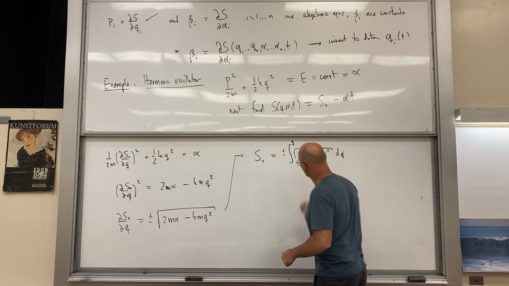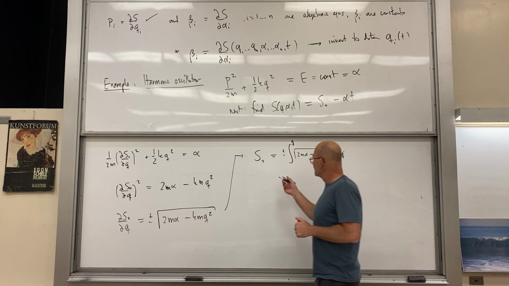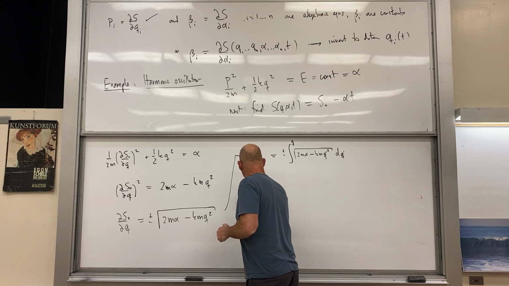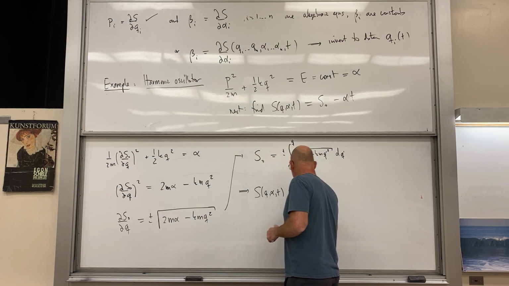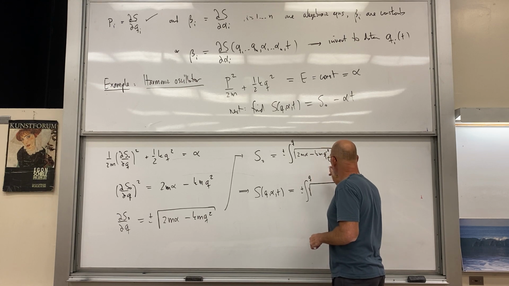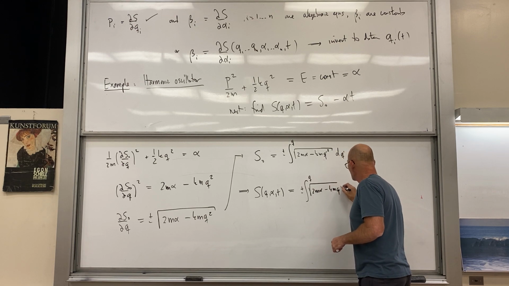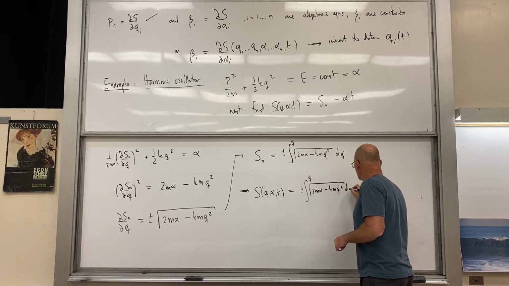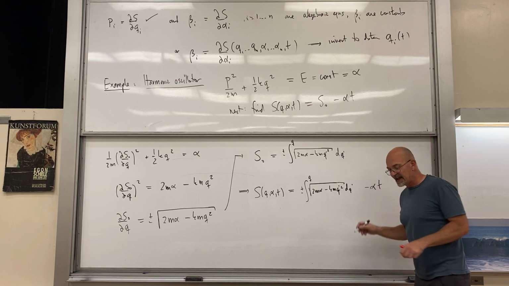I put the q up there, don't worry about the lower boundary. And this allows us to write our S of Q, alpha and T is equal to this integral here minus alpha times T: the integral of root 2m alpha minus k m q prime squared dq prime, minus alpha t, as advertised right here.